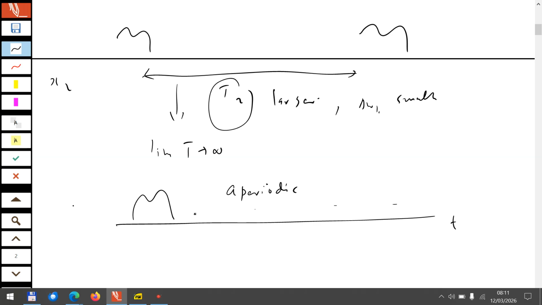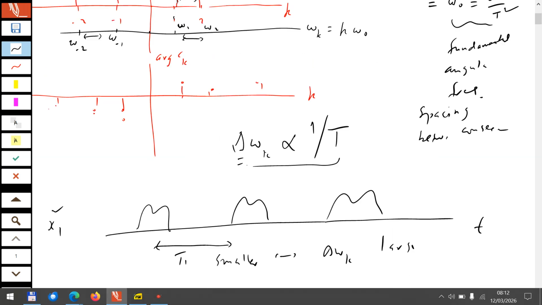So we can start with a periodic signal and allow the period T to change. We increase it, we increase it, we increase it, and in the limit, we get an aperiodic function, right? So now we need to understand what will happen to this plot.